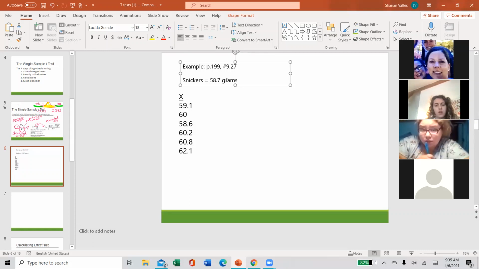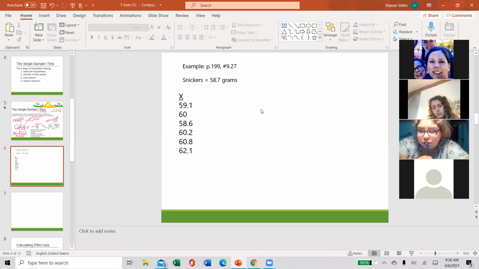A cynical person might think, no, we're going to get gypped. They're going to give us less Snickers bar. Or someone might say, no, they're going to give us more. Okay, I don't know. So they went and bought 6 Snickers bars, and they weighed them, and these are their weights. All right. So here we go. Here's our data.